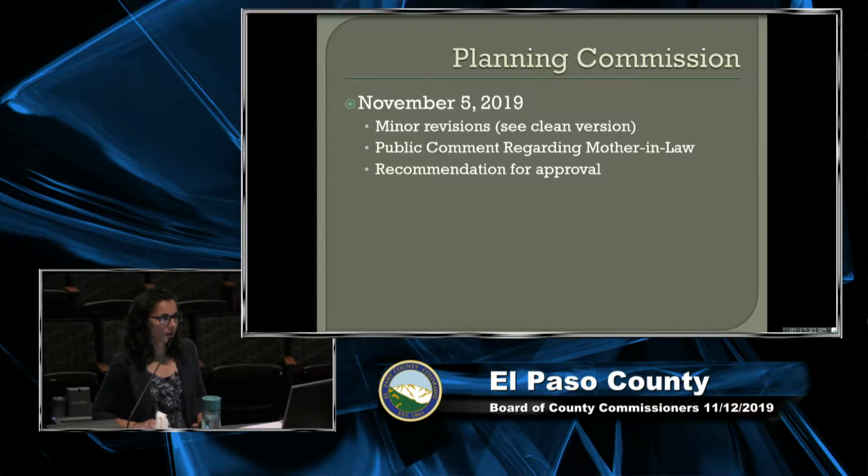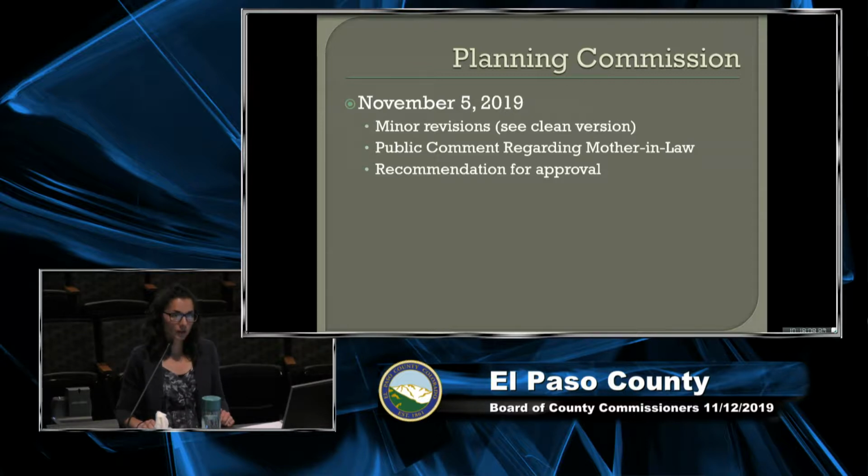There was a public comment regarding mother-in-law apartments and a concern that limiting the size of the mother-in-law to 1,500 square feet was too great of a constraint. In my presentation, I did provide the Planning Commission with the information that if it functions as most of our houses function, where there's a stairway that goes from the main house into the basement area and it's family that's living there, then it would actually just be considered a dwelling and we wouldn't even consider that a mother-in-law.